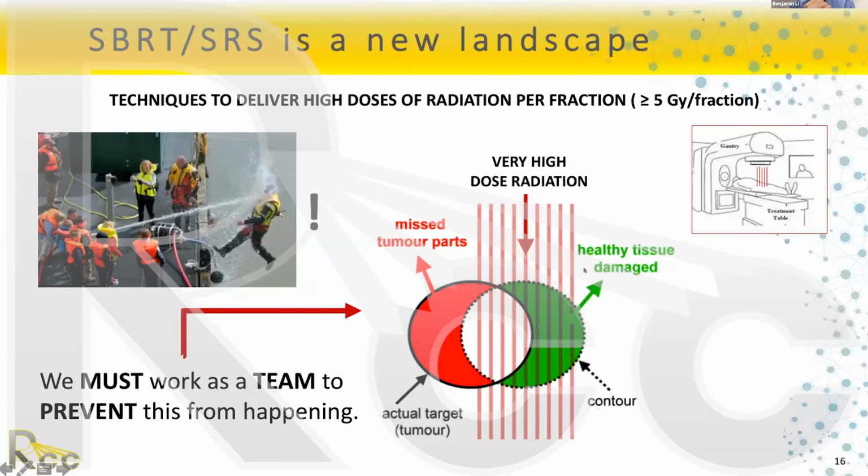Not only would this cause a lot of damage to the patient, but the patient would have a recurrence in that same area, maybe months after the treatment, and it would be very, very hard to retreat that spot. Treatment options would be limited because it got such high dose already.